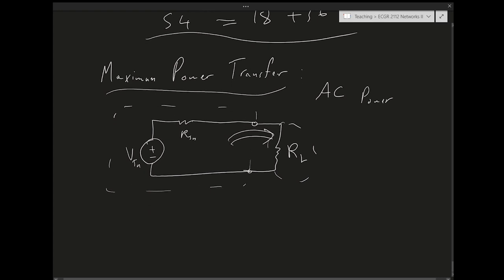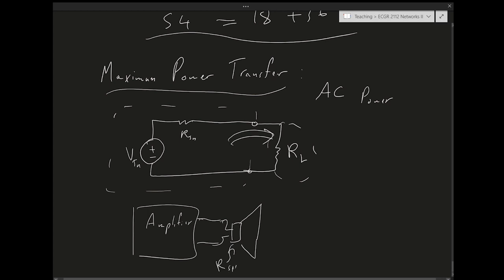This is a problem that you might encounter when you have, for example, some circuit that's like an amplifier, like a sound amplifier in an audio system, and you want to connect speakers. The speakers have a certain impedance, a certain resistance.